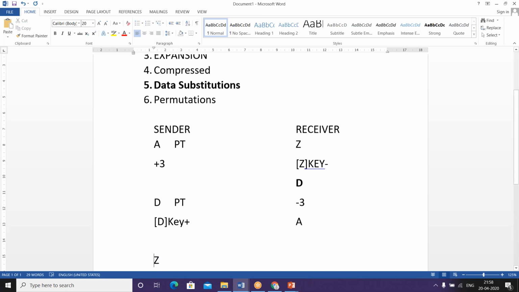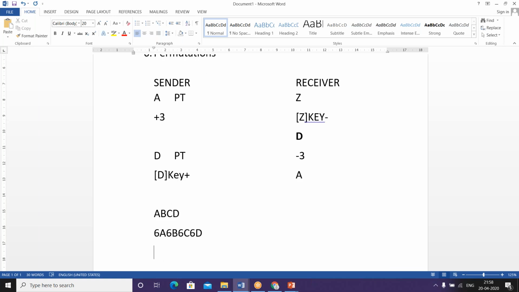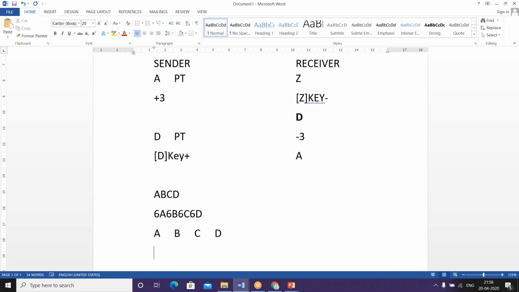Then to avoid the patterns, I told you that day, suppose I say A, B, C, D, this is my plain text, right? I want to encrypt this. If I encrypt, by chance, if I get 6A, 6B, 6C, 6D, there is a pattern the hacker can try to guess. Now what I'm going to do: A, B, C, D. I'll keep A here.